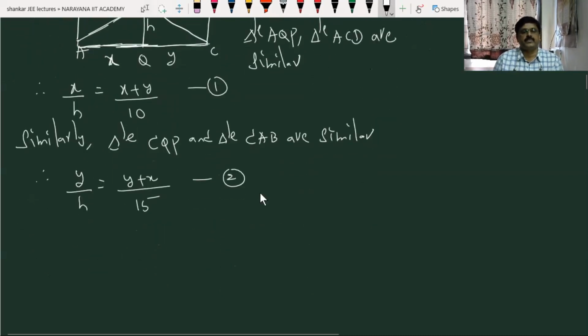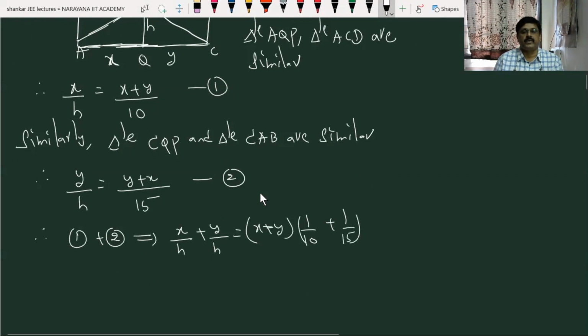Therefore, 1 plus 2 implies x by h plus y by h is equal to x plus y of 1 by 10 plus 1 by 15. Then you will be left with what, students?